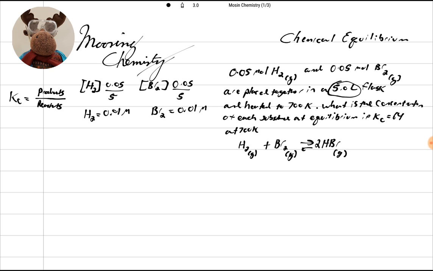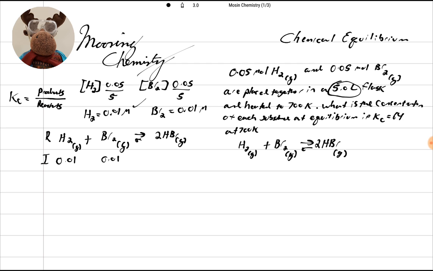Now we're going to want to set up the RICE table because we don't have all our numbers. The first thing we're going to do is RICE, R, so we'll write the reaction, which is H2 gas plus Br2 gas at equilibrium yields 2HBr, that's also gas. So our initial concentrations are going to be 0.01 and 0.01.